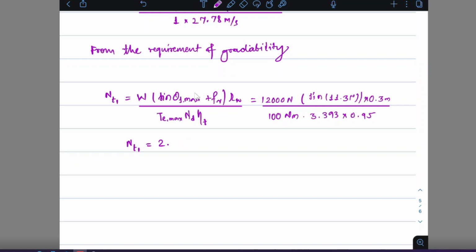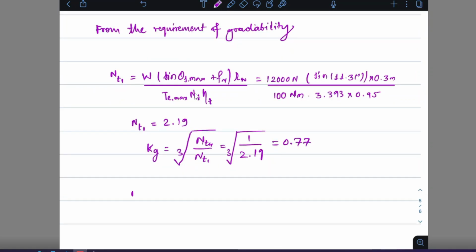2.19. So as we discussed, we can get the factor kg as the cube root of this. So NT1 is known.